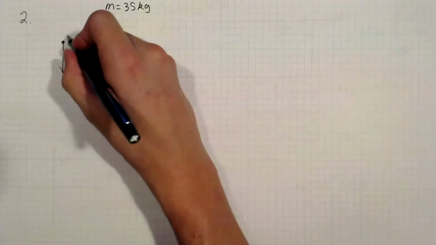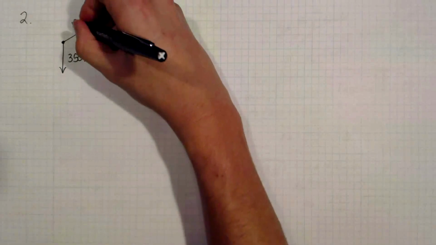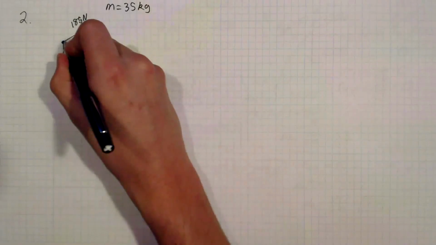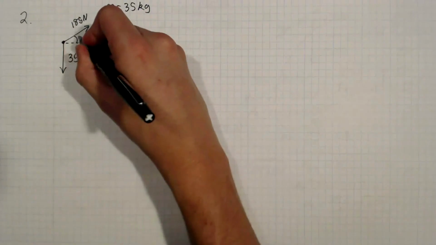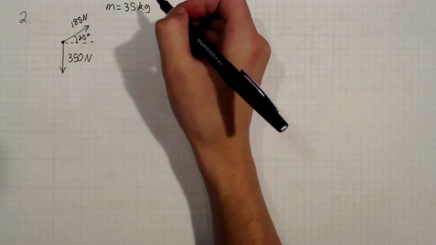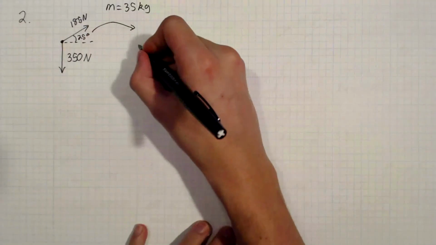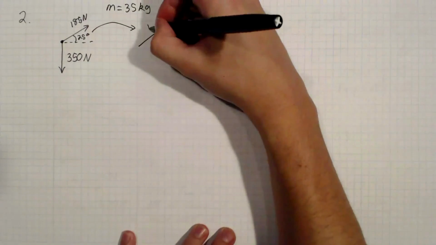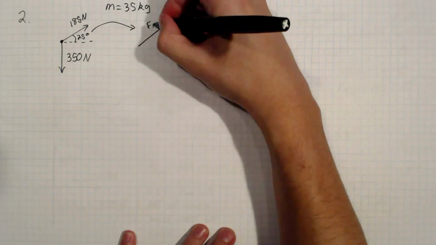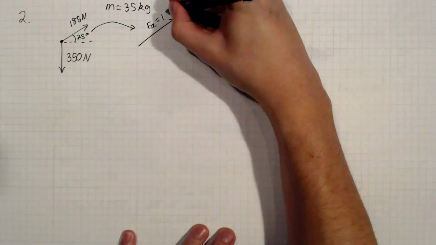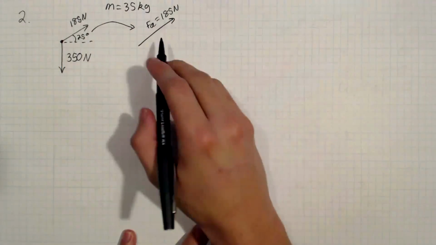And then we know that we have 185 newtons pulling upwards at an angle of 25 degrees. So the first thing we want to do is split this into its component forces. So we're going to call this our applied force, F sub A equals 185 newtons.